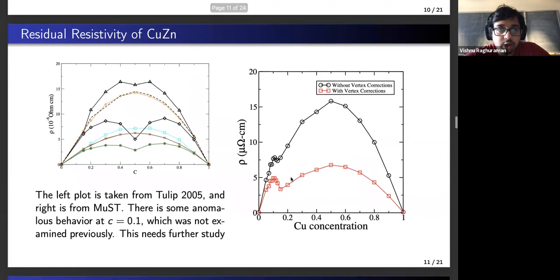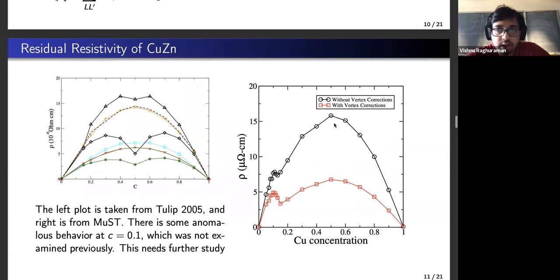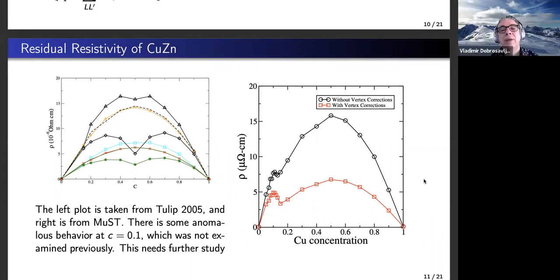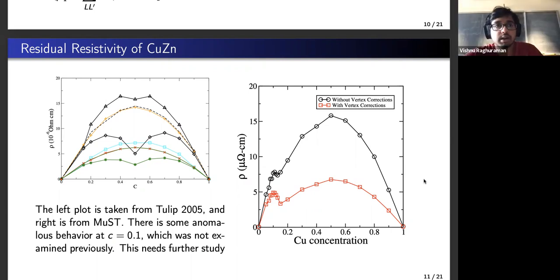But if you look at copper zinc, vertex corrections are significantly important, because whenever you have multiple orbital character at the Fermi energy, there will be some backscattering.